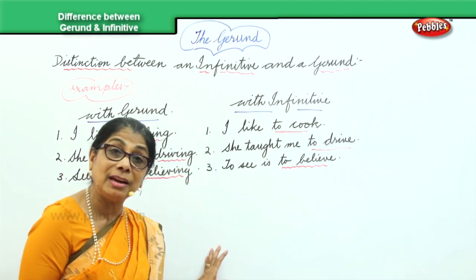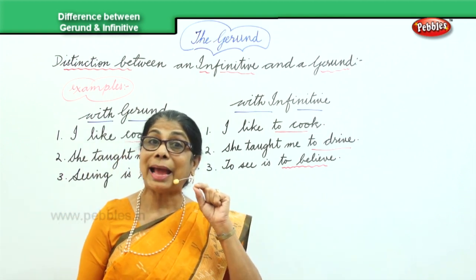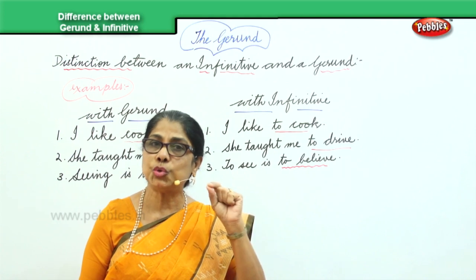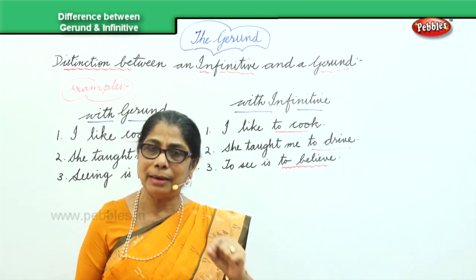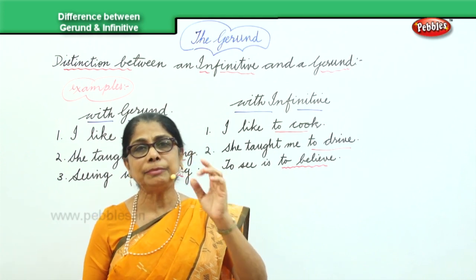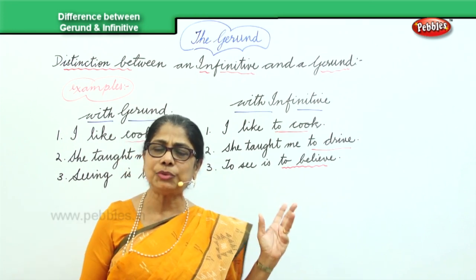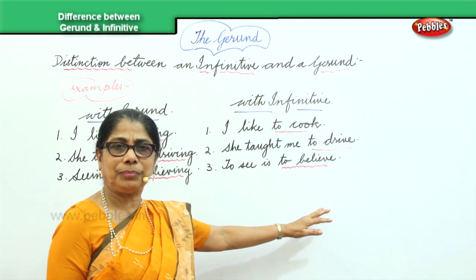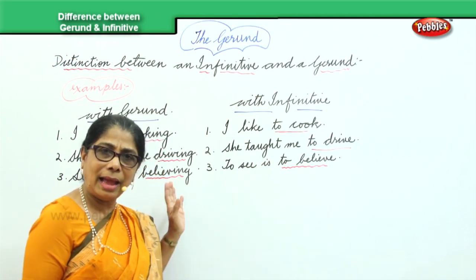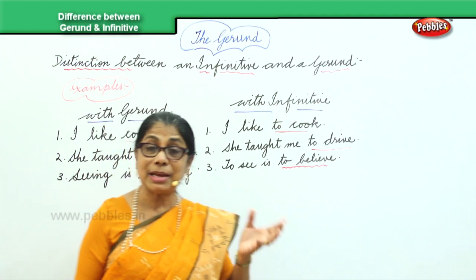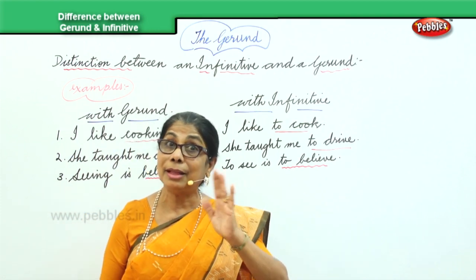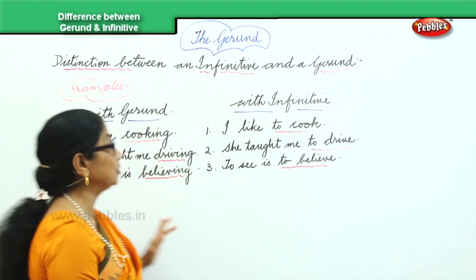But in the case of gerund, you always add ing to the verb, but still the verb does partly the work of a noun, partly the work of a verb. Actually, there isn't much difference between the gerund and the infinitive. Sometimes you can use one for the other without making much change.